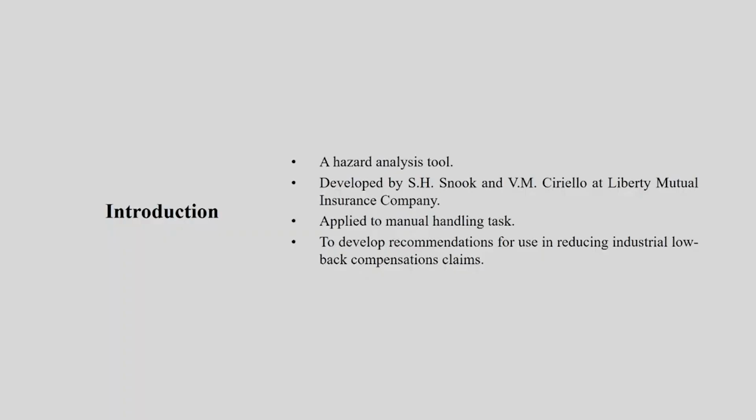It is applied to manual handling tasks, as I mentioned earlier, to develop recommendations for use in reducing industrial low back compensation claims. As it is an insurance company, if the employer is not following the rules given by Liberty Mutual, they are not going to give any kind of medical insurance for that case.